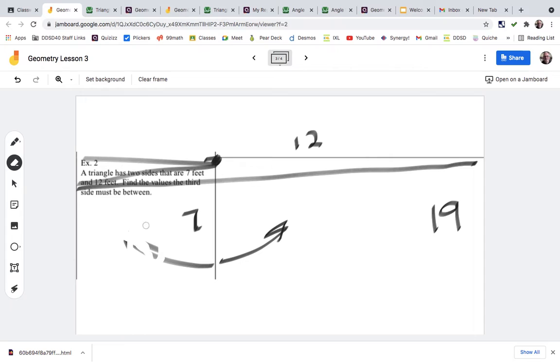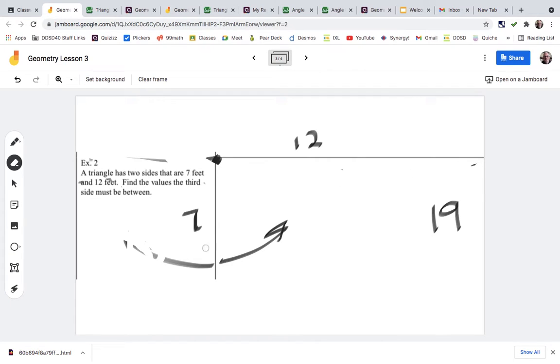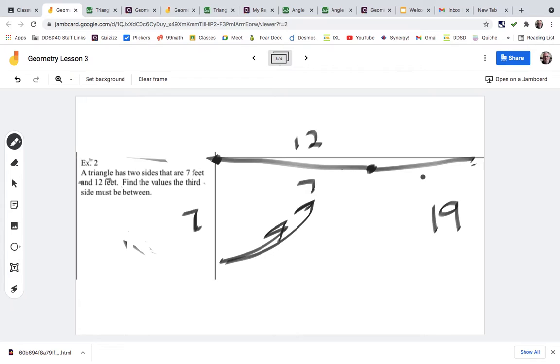Then, if we made the triangle go the other direction, or this side rotated around this way, and this was the 7, then this would have to be greater than 5. 5 wouldn't work because it would be too small.